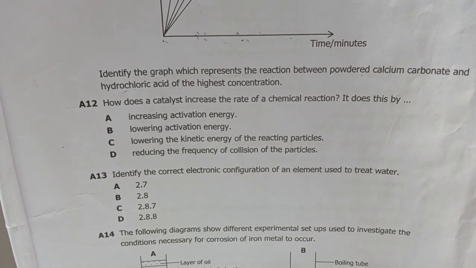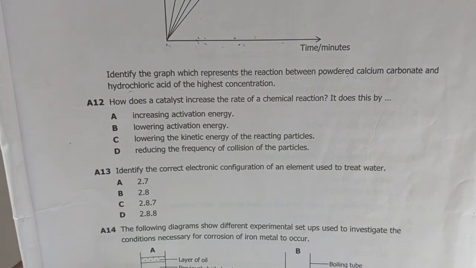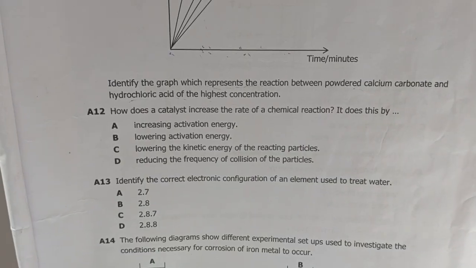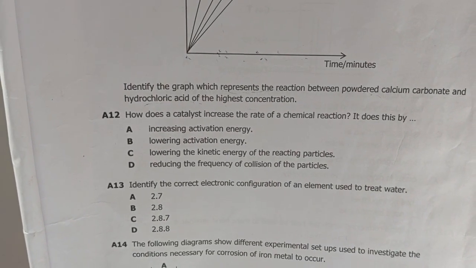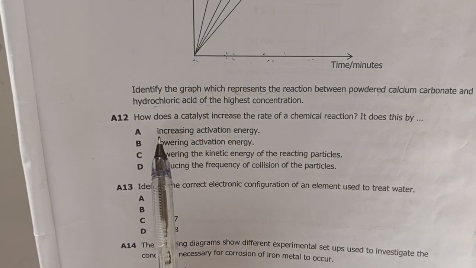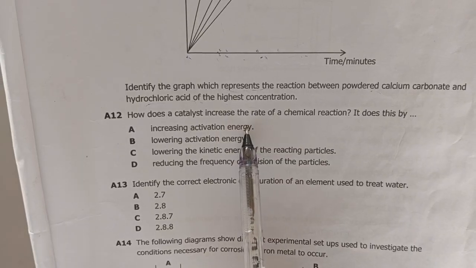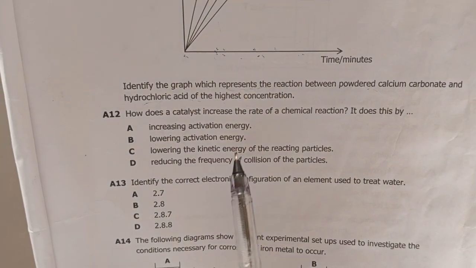And so how does it increase the rate of a chemical reaction? If there is an answer which says lowering or reducing the activation energy, that is the answer. So when we go to option A, it says by increasing the activation energy, no. By lowering the activation energy, yes.